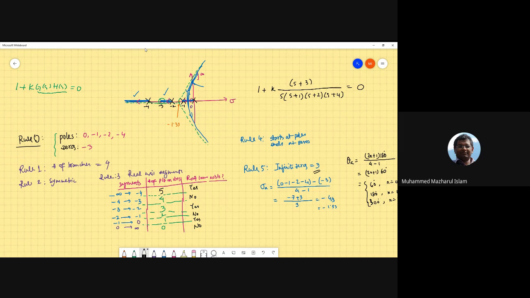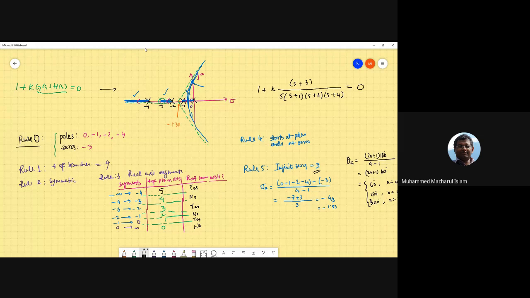For that, we travel from minus infinity to plus infinity, and we check the total number of poles and zeros on the real axis to our right. If the number is odd, that portion will contain a root locus. If the number is even, it will not contain a portion of the root locus. So that's how we can draw the real axis segments.